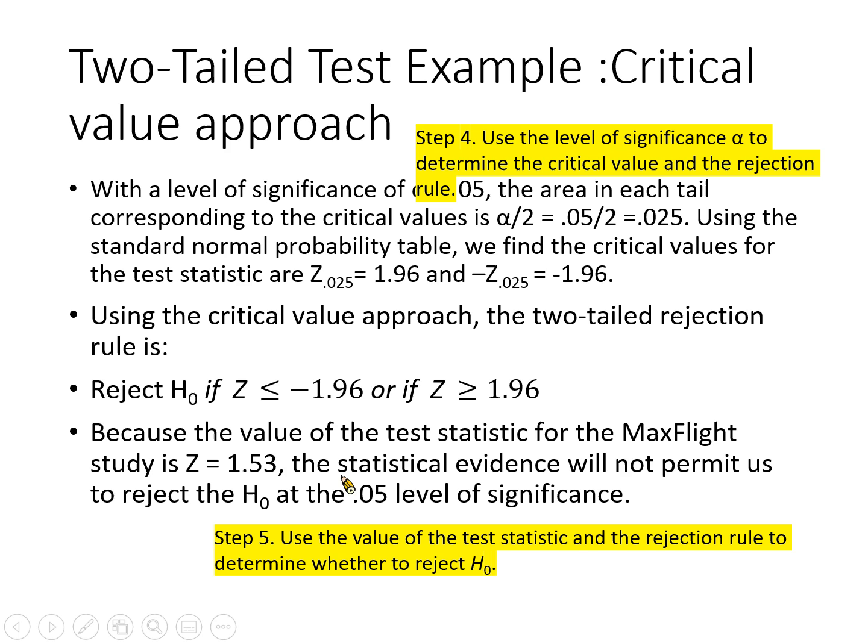It's between such interval. So you do not reject the null hypothesis. So in such a condition, you can tell your audience that the MaxFly company does not need to launch such a quality control program to adjust their manufacturing process.